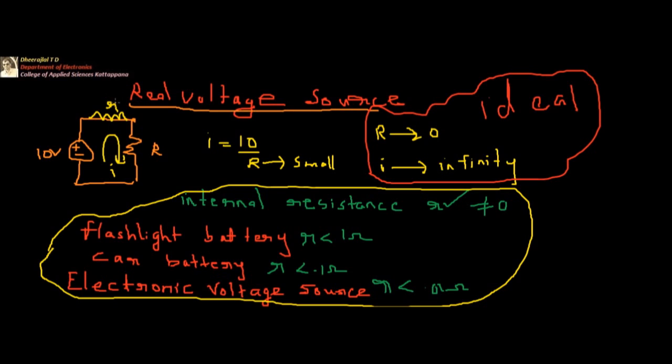That means the load voltage is always less than the ideal voltage. In the case of a practical source, there is an internal resistance and some voltage is dropped across it, so the voltage at this particular point will always be less than the ideal voltage.